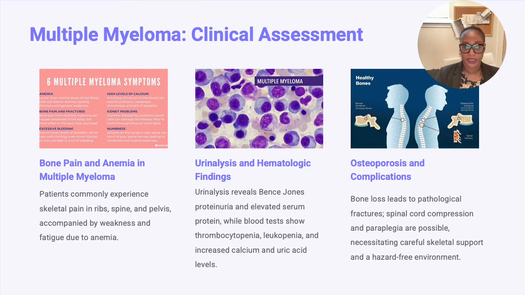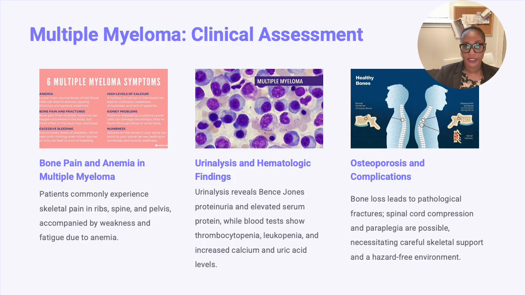And another image that I presented here, the clinical assessment. Bone and skeleton pain, especially in the ribs, spine, and pelvis. Weakness and fatigue is eminent. Anemia, and urinalysis will show the Jones protein in your urine.